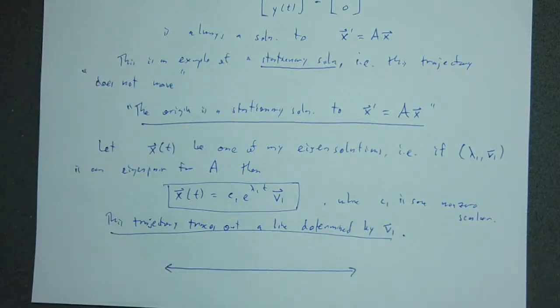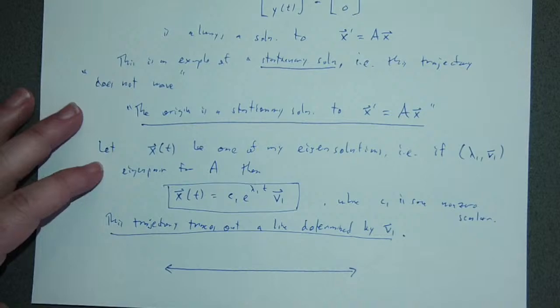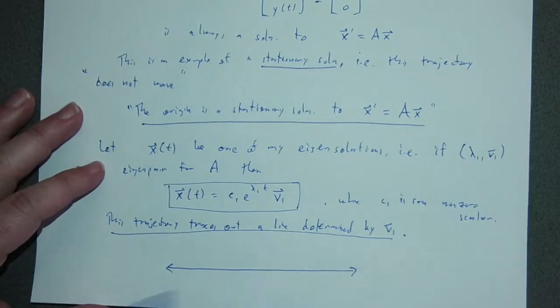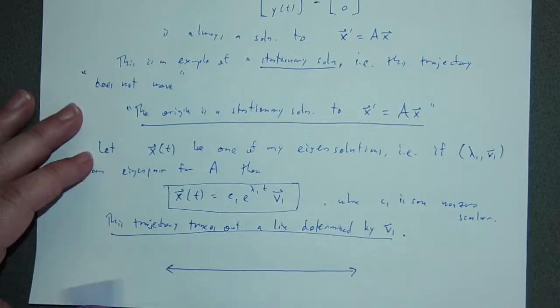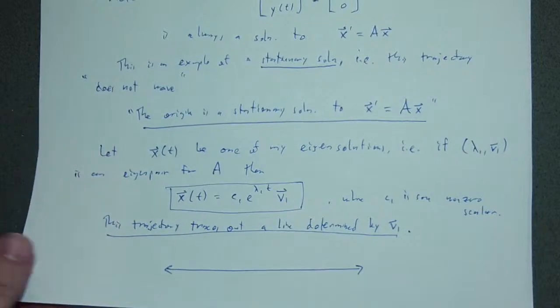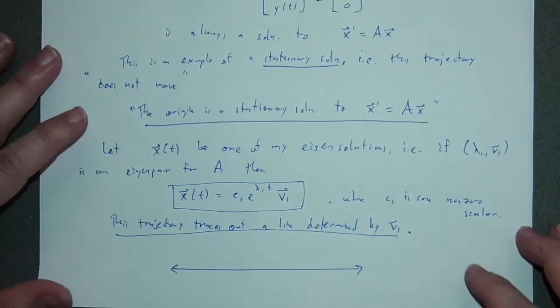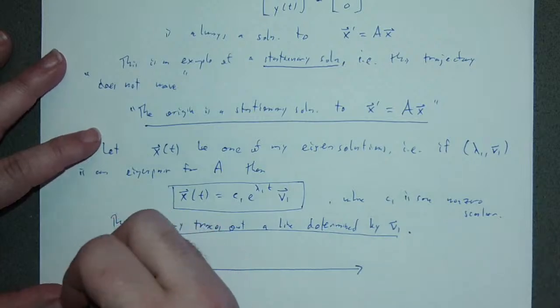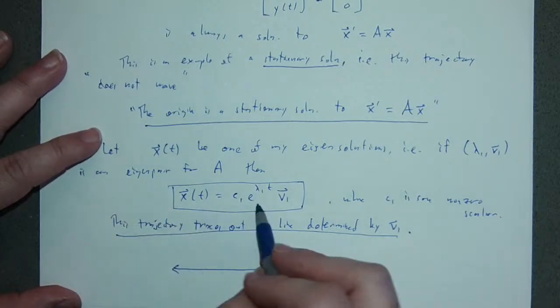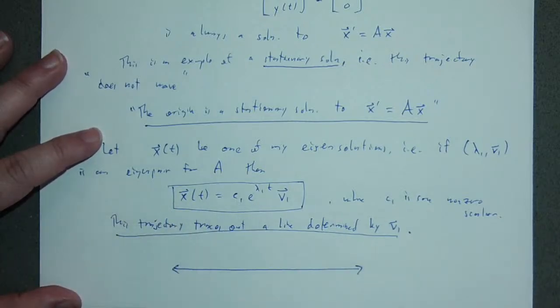There's my line. Actually, I don't want to add arrows to it. I'm biasing the results a little bit, even though this is how it's going to work in my first case, but let's go ahead and see what happens here. So the behavior of solutions along this line depends on the sign of lambda.